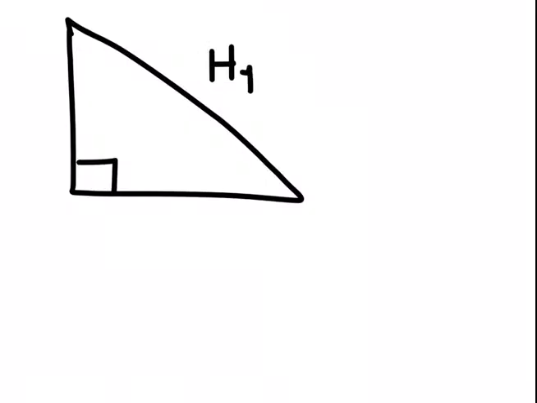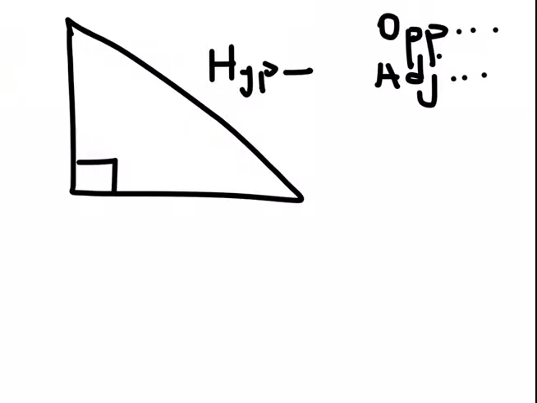Since this one is called hypotenuse, the other side can be opposite, and the other side can be adjacent. So in this part of the lesson, I'm going to be teaching you how to name the sides of a right-angled triangle.